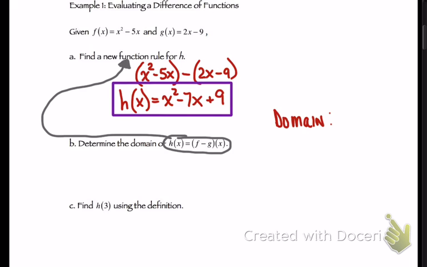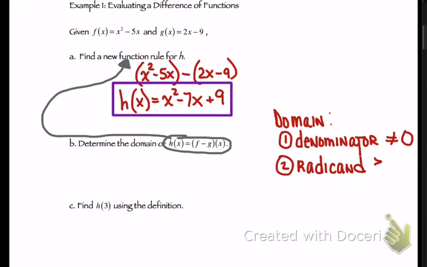One was that the denominator could not equal 0. Two was that the radicand, remember that's what's inside the square root, has to be greater than or equal to 0. So those are our two problem areas.